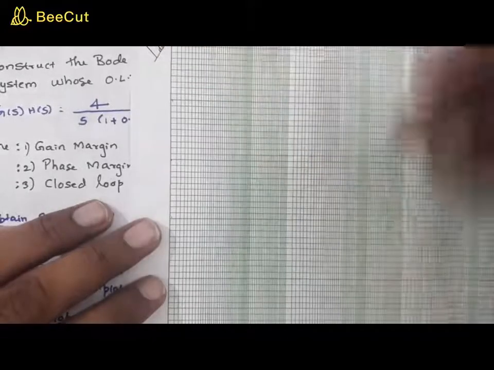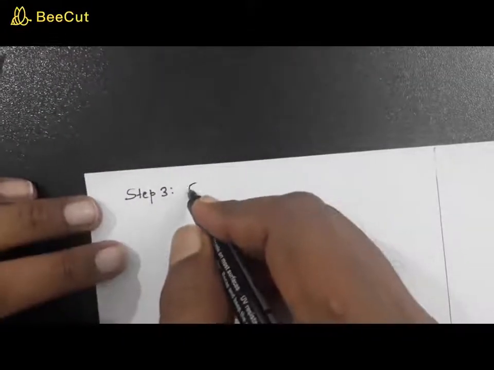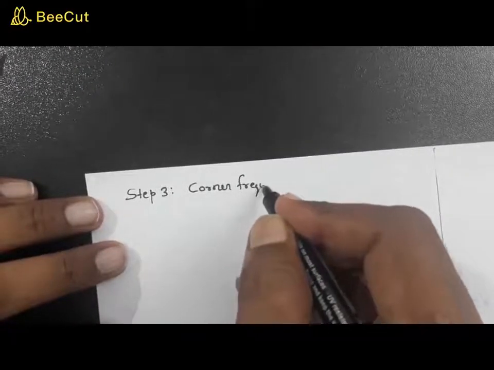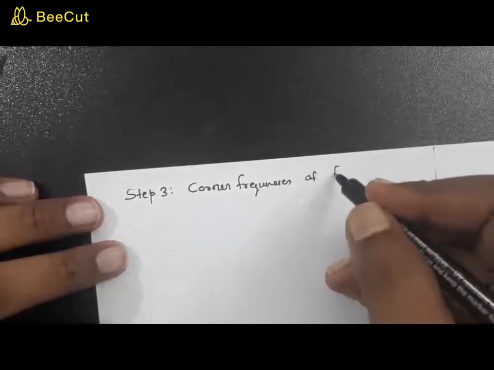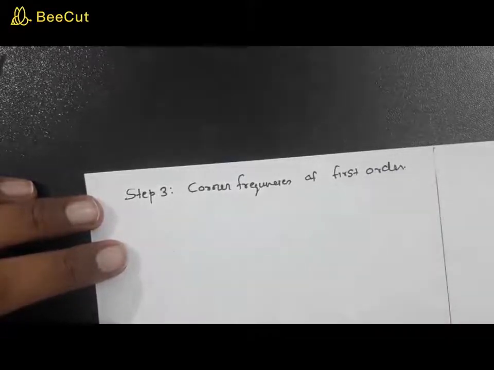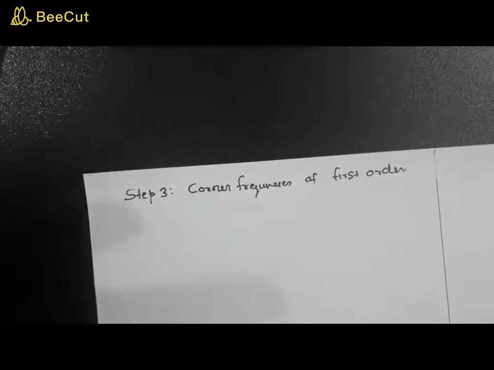Now in step 3, what you need to find out is the corner frequencies of the first order terms in this problem. What are the first order terms? Any terms of the form 1 plus some s.